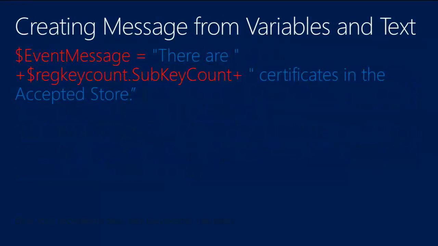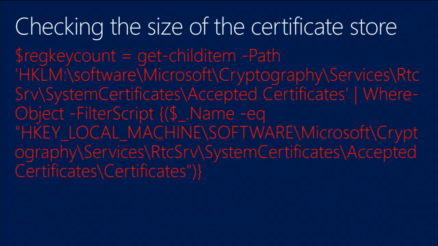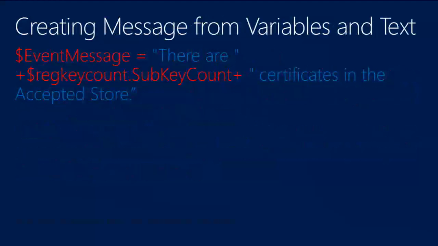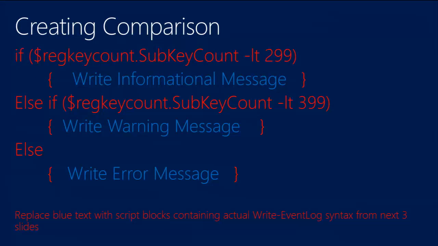So on the next line here, we're going to write a message that says $eventMessage equals there are some number of certificates in that store, right? So back here, we counted them. And over here, we're telling how many there are, right? What might be good to do next after we know how many there are? Put it in the event log, right? So if reg key count is less than 299, write some message here.